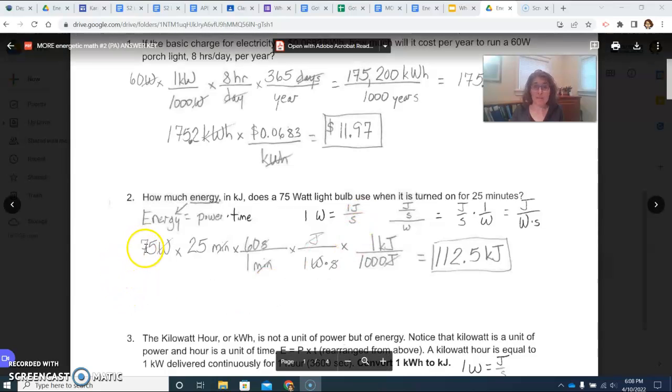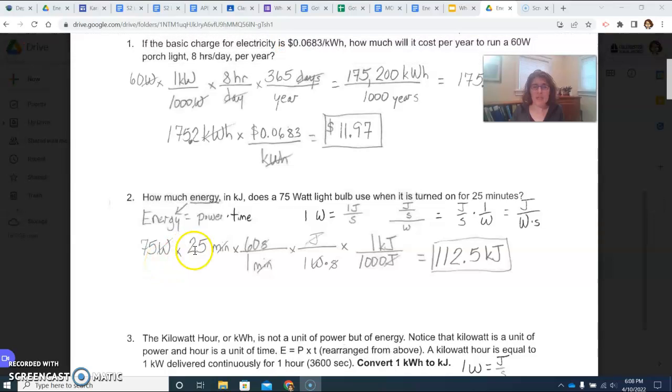So I took my power, 75 watts, times my time, 25 minutes. And then my first conversion factor that I put in is that there are 60 seconds in every minute. That again allows me to convert from minutes to seconds. I'm then going to use the conversion factor that 1 watt is equal to a joule every second.